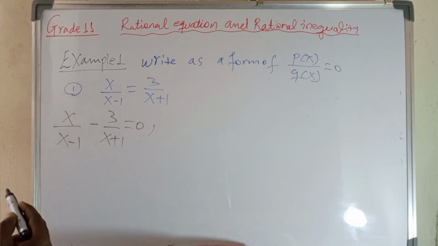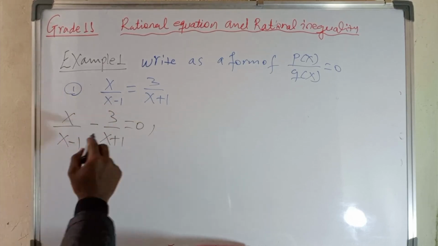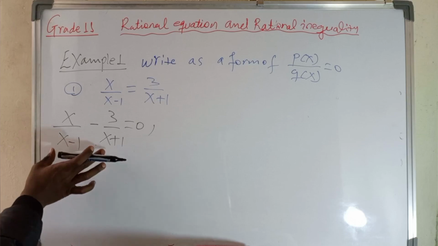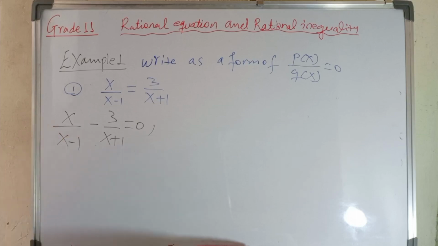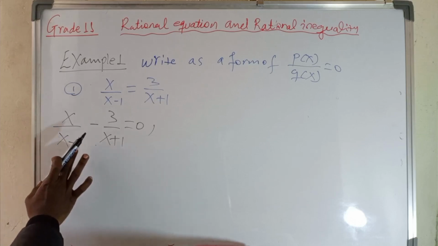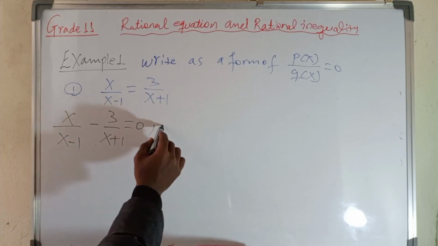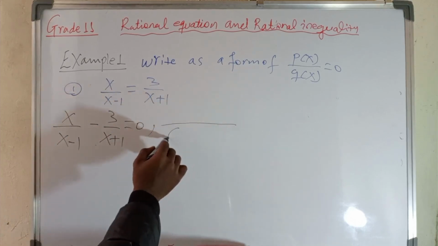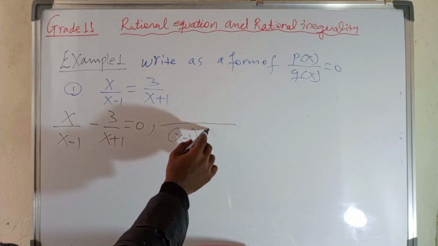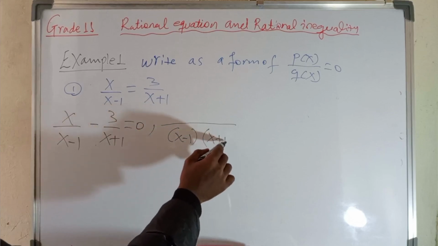After that, what do we do? We find the common denominator of x minus 1 and x plus 1, so we take x minus 1 times x plus 1.